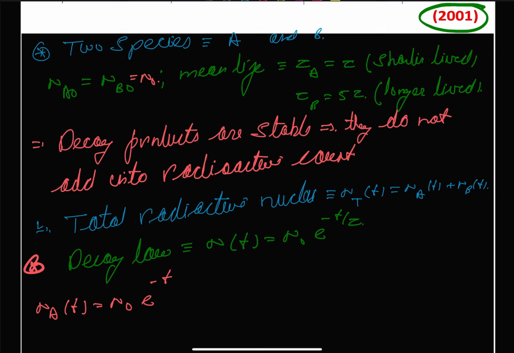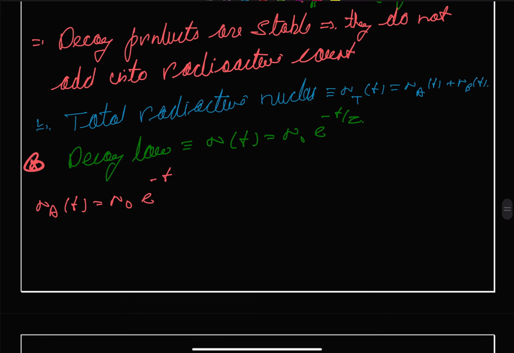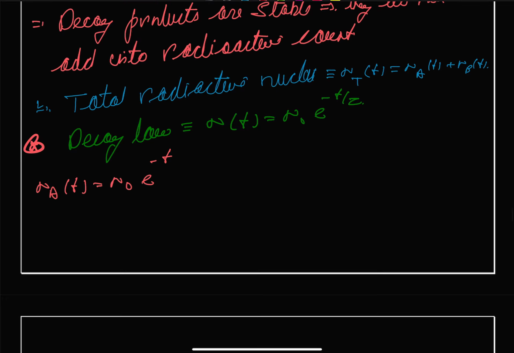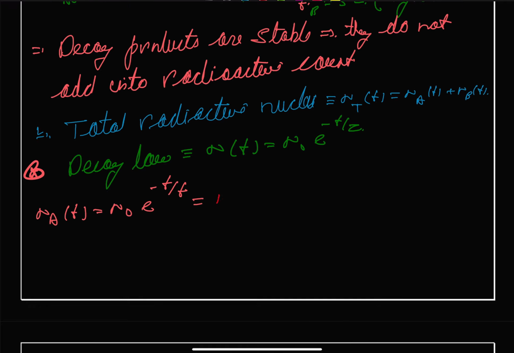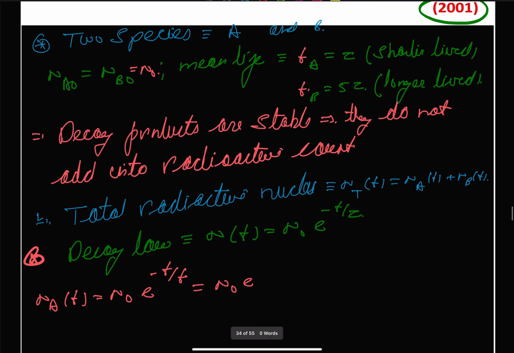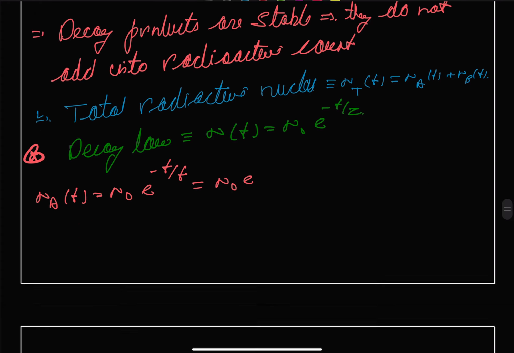Oh my mistake, one second. This is our N of A and this is our N of B. So we get this as t upon tau, giving us n naught e raised to power minus t upon tau of A. Let me rephrase it.